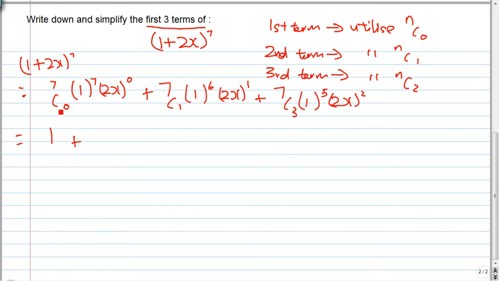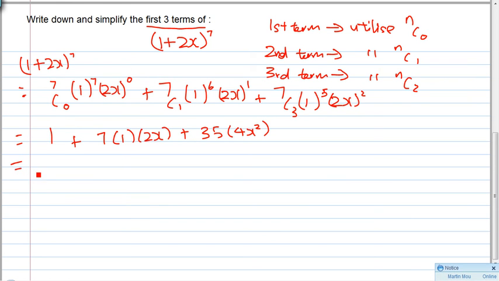Press your calculator, 7C1 is equal to 7. 1 to the power of 6 is just 1, 2x to the power of 1 is just 2x. Next, 7C3, what's the value of 7C3? Once again, press your calculator. It's 35. And then 2x to the power of 2 is equal to 4x squared.